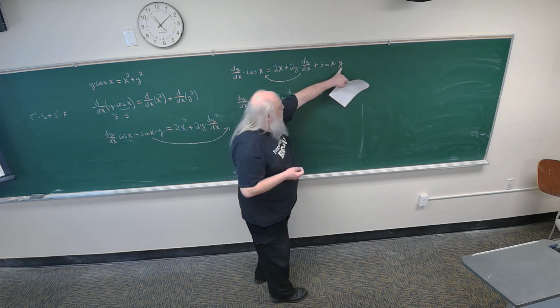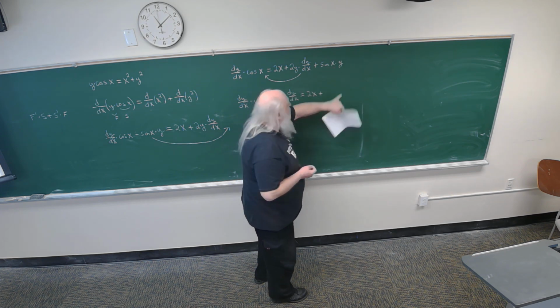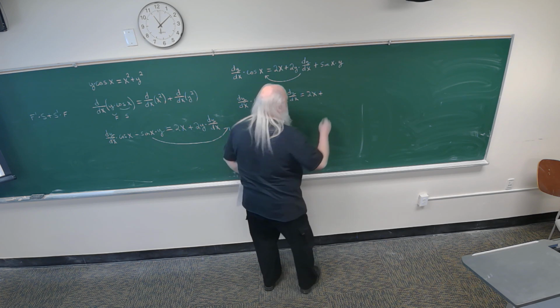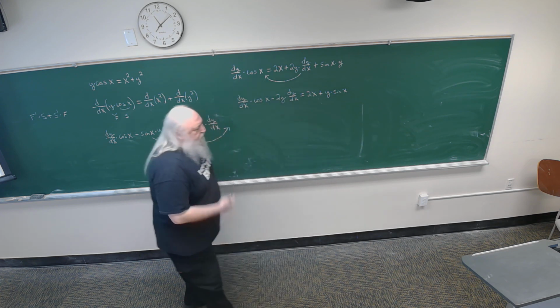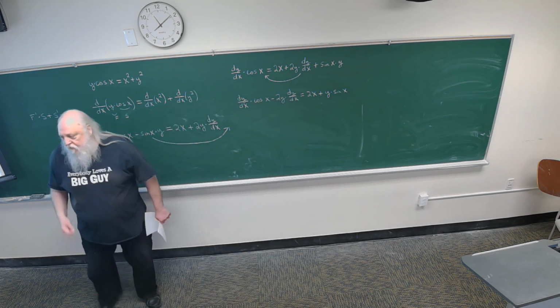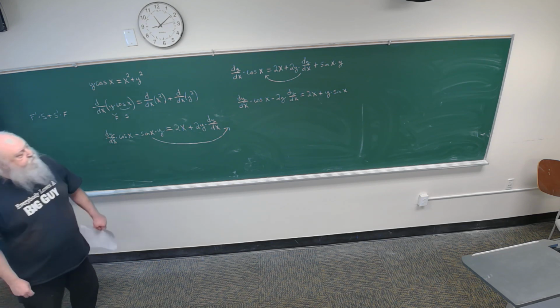So maybe we don't get y and x, think that the argument is xy going into sine. Let's put the y in front of the sine just to clarify things. So we have y times the sine of x. So now we know the argument going into the sine function is just the variable x, okay, not xy.